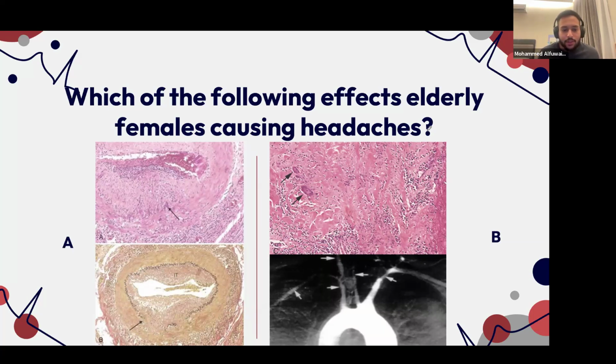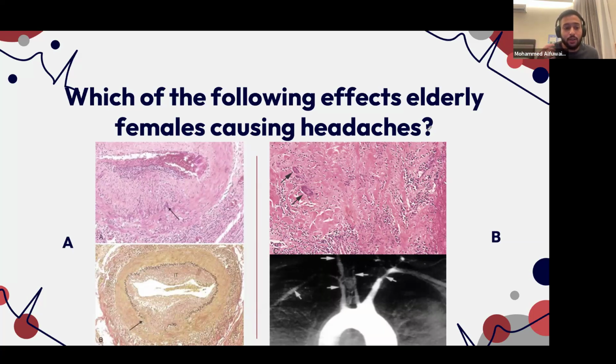So giant cell arteritis affects elderly patients, typically affects branches of the carotid artery. Typically it presents as headaches, a sensation of pain over here. And what's a very important complication that can happen with giant cell? Blindness. Excellent. Because it involves the ophthalmic artery. Now, that's number one.